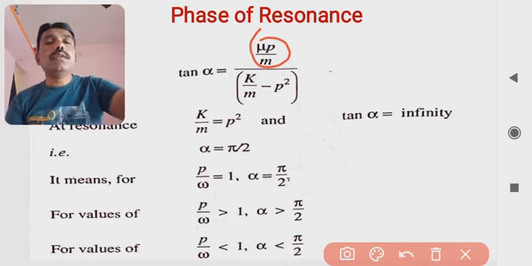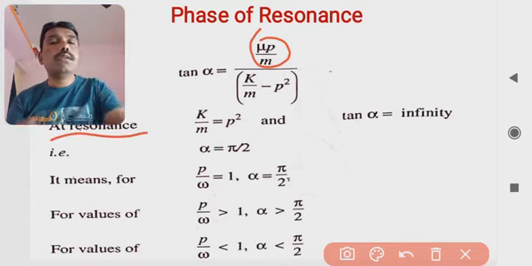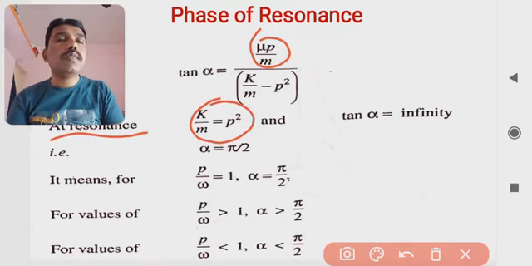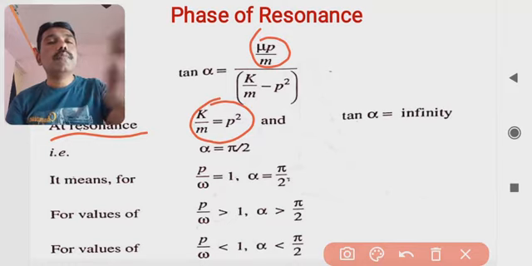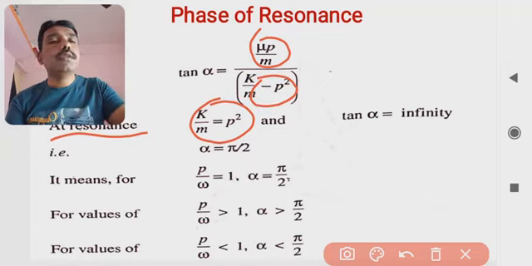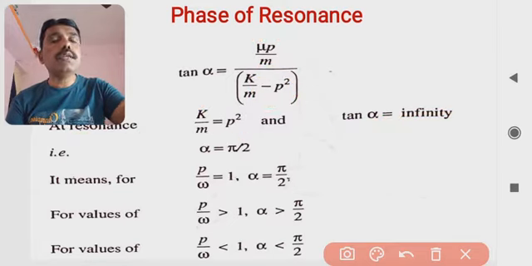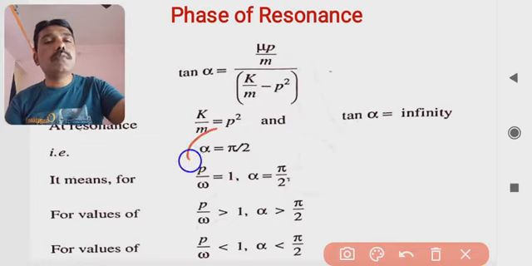And at the resonance point we are aware that k by m is equal to p square, as we have seen in the forced vibration also. When k by m is equal to p square, this value becomes 0, and definitely tan of alpha, or the phase, will be infinite. In that sense, alpha is pi by 2.